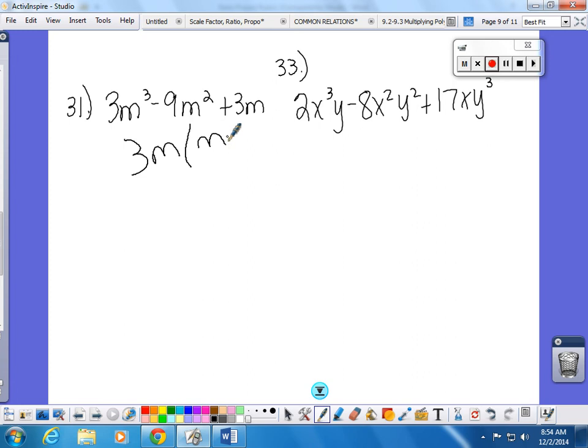It's a variable. That's right. Can you do the second one? Give it a try.